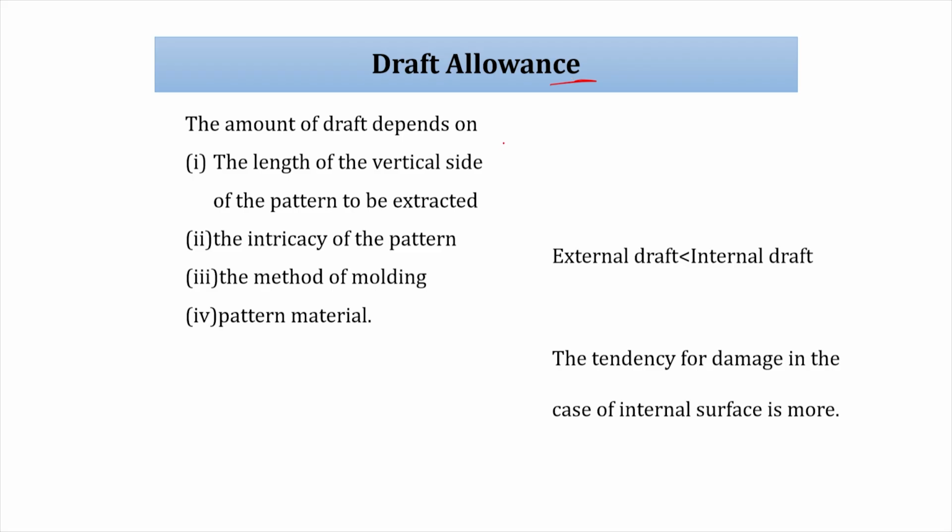Okay. The amount depends on the length of the vertical side of the pattern to be extracted from the cope side or drag side, how much depth either in cope or drag. The second dependency is the intricacy of the pattern, the method of molding and the pattern material.